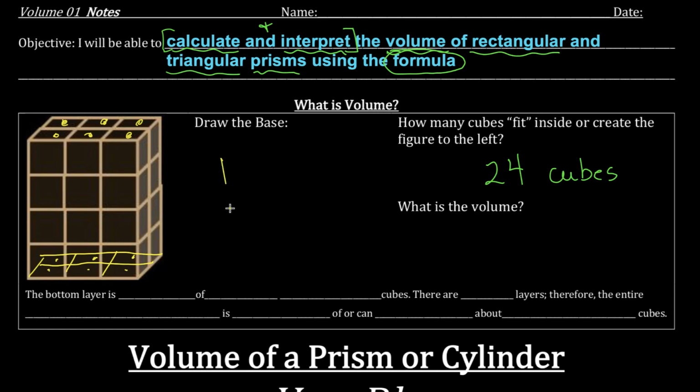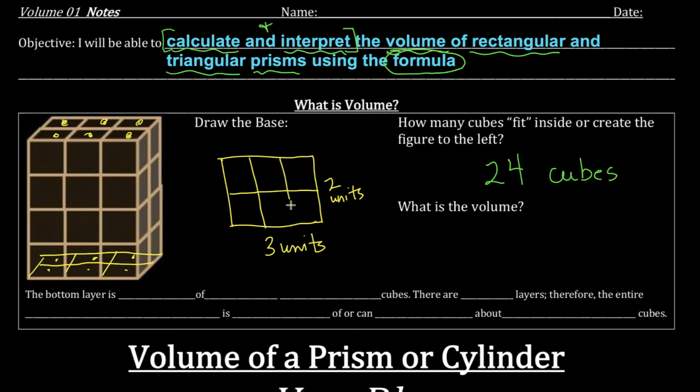So let's draw this base. It's 3 units by 2 units. This is by 2, this is by 3. So 1, 2, 3, 4, 5, 6.